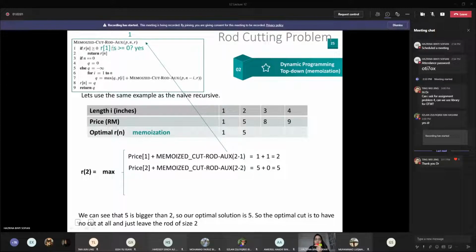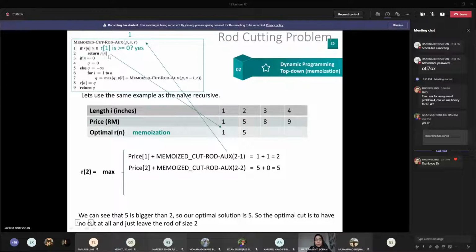So we check right now, do we have R1, is it bigger than 0 or not? If it's bigger than 0, it means previously we already saved the value. So right now R1, this is R, and this is when n equals 1. Yes, we already saved.